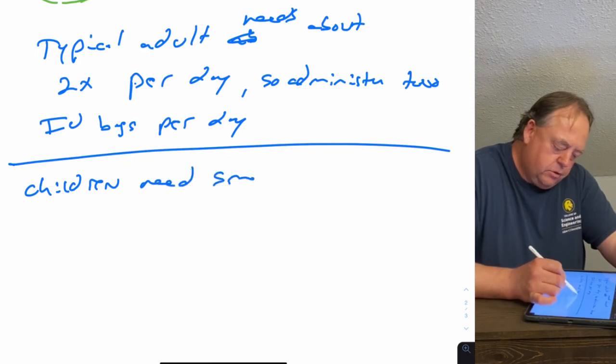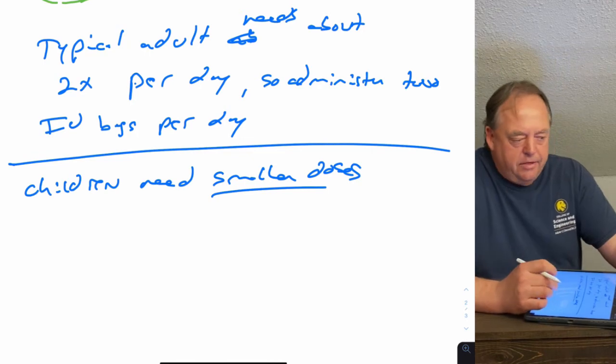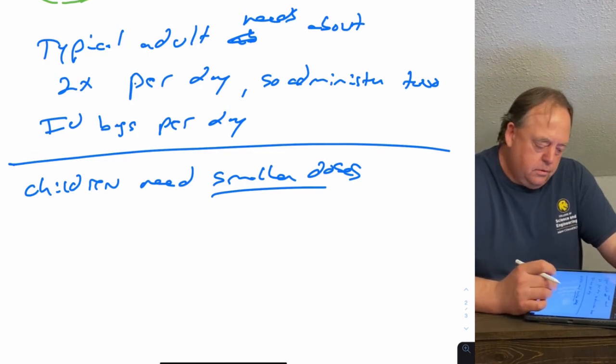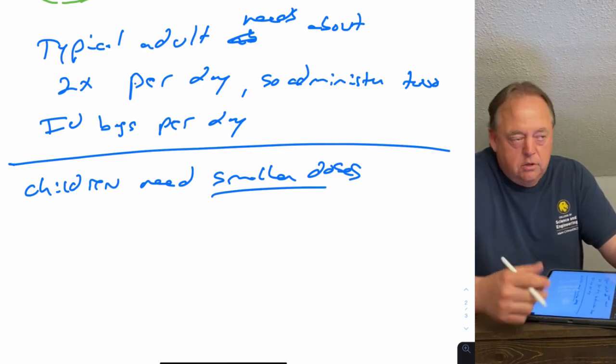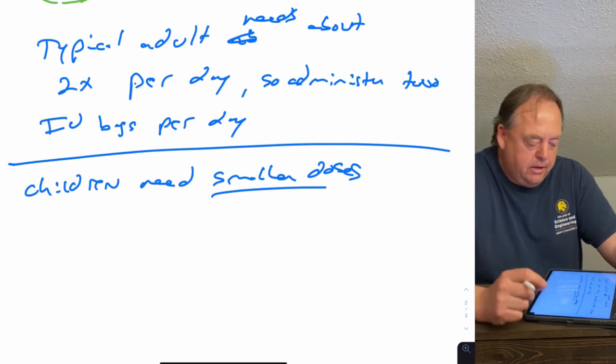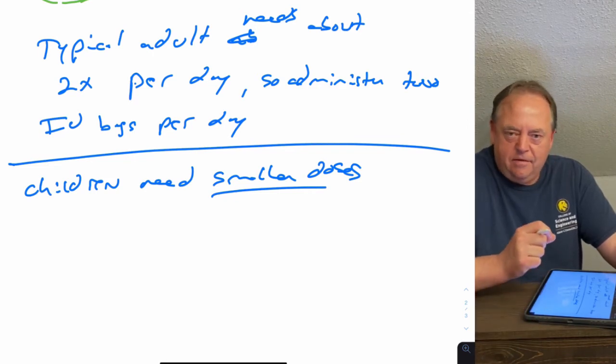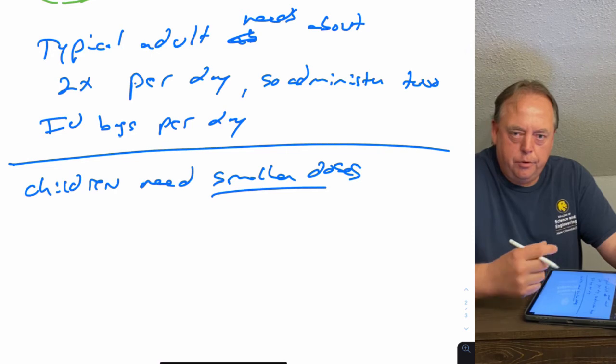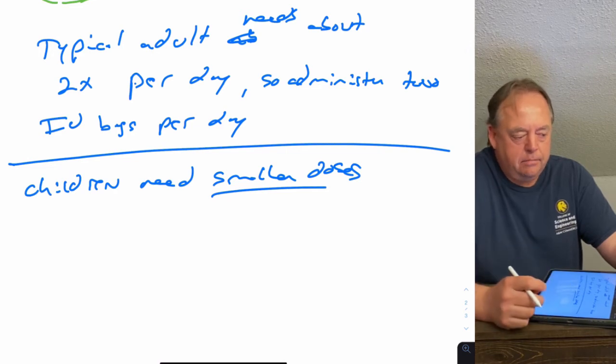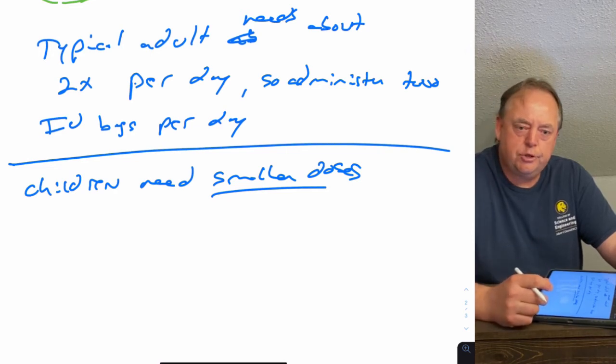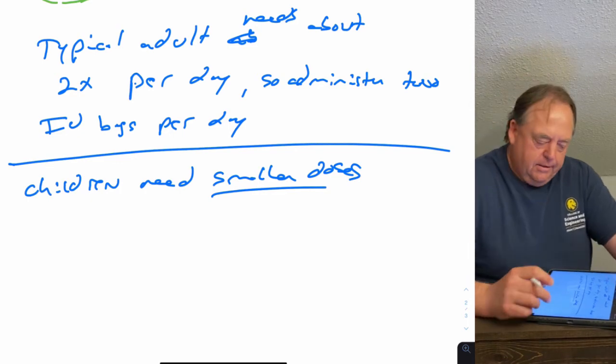Okay, so children need smaller doses than adults, obviously. There are a couple of ways you could handle this. You could either give less of the adult dosage to the child, or you could simply have a less concentrated solution of the vancomycin.